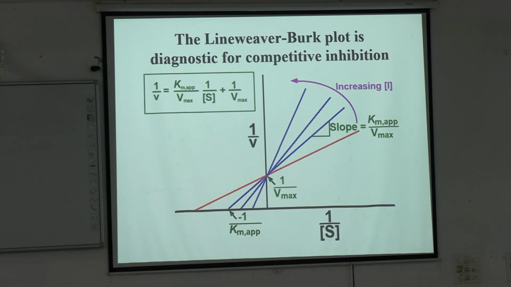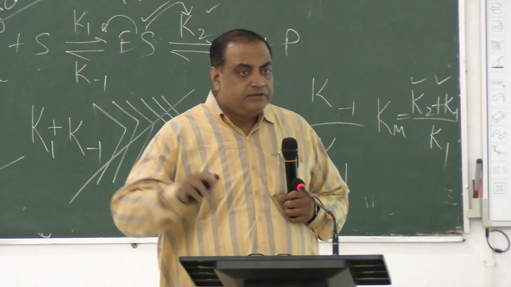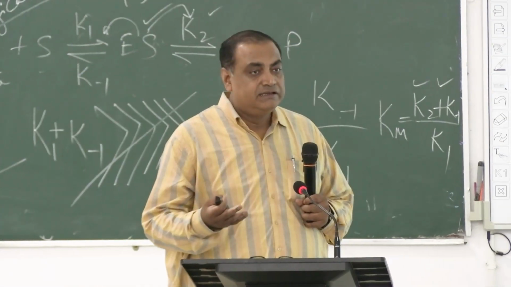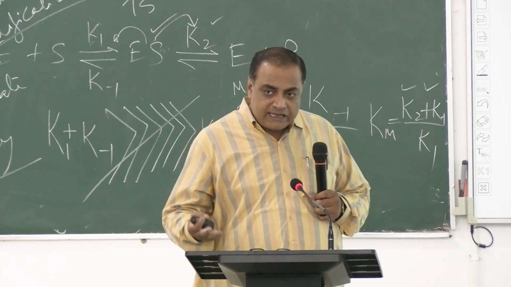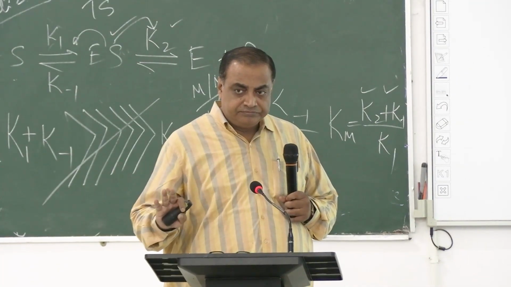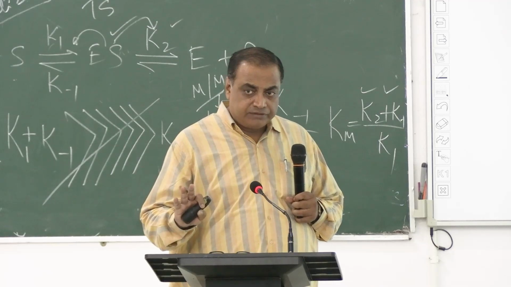This point remains same. When you increase the concentration of inhibitor, what is changed? Vmax remains same. Km decreases or increases? Increases. Km increases, Vmax remains same in competitive inhibition.